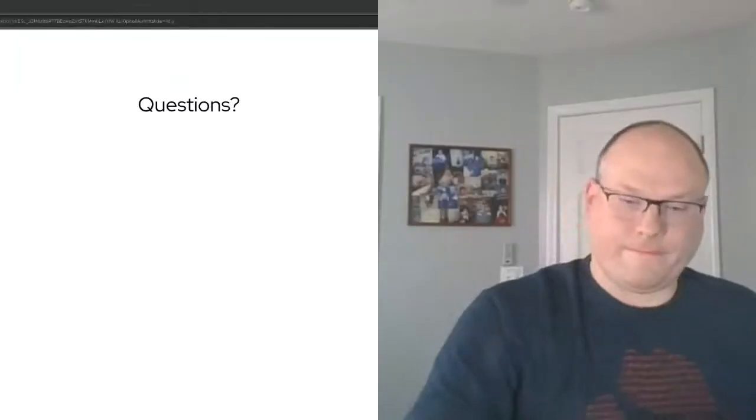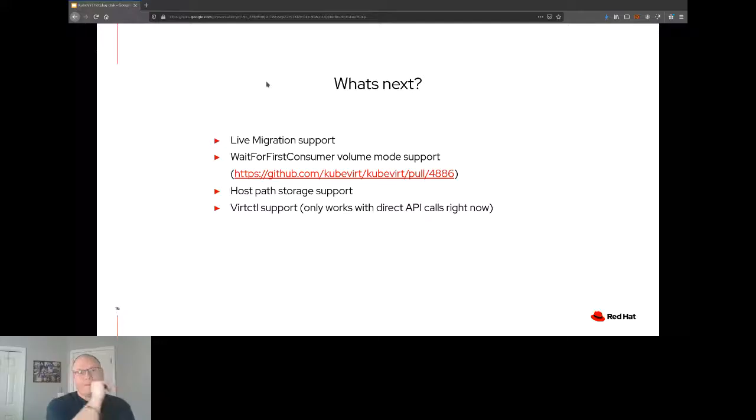All right. So what's next? Right now, even if I attach a read-write-many volume, we've disabled live migration. So we're looking at adding that at some point in the near future. I actually demonstrated the wait-for-first-consumer support.